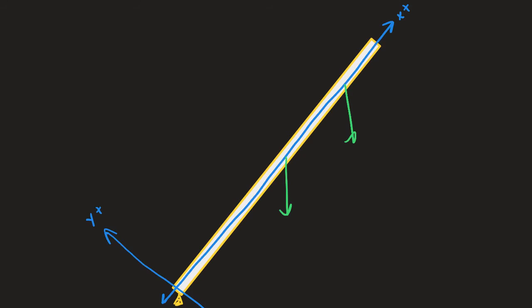You could use the books method, which will require that you put together a coordinate system with its origin at the pivot point. You must decide what is positive and what is negative, and then consider your torques individually from there.